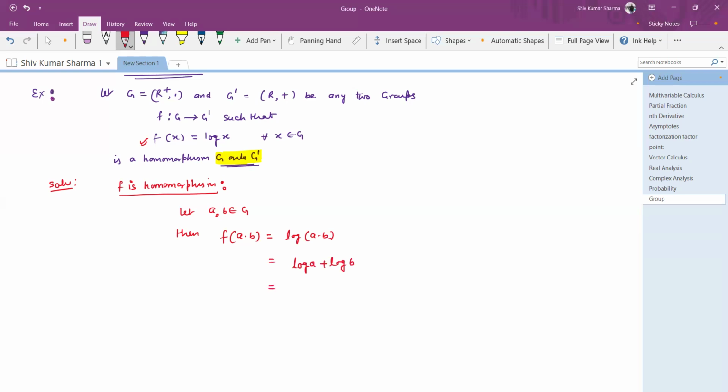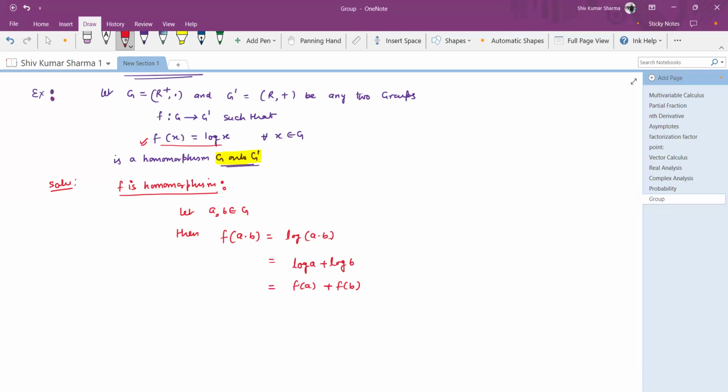By using the definition of the function, log a is f of a and log b is f of b. So f of a into b is equal to f of a plus f of b.